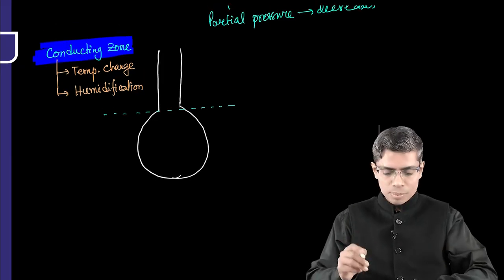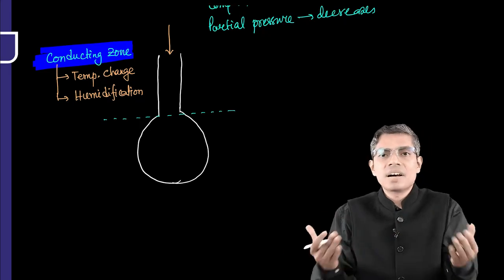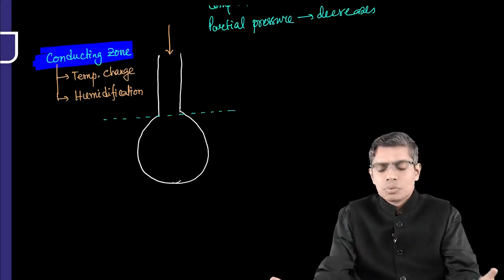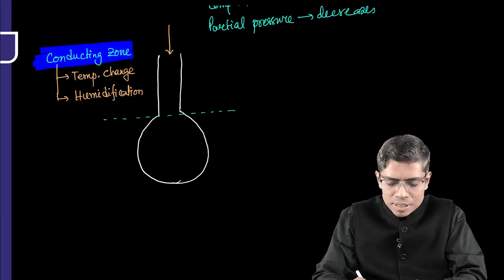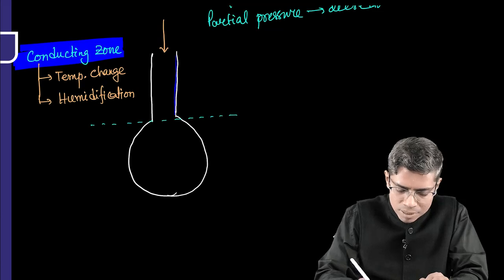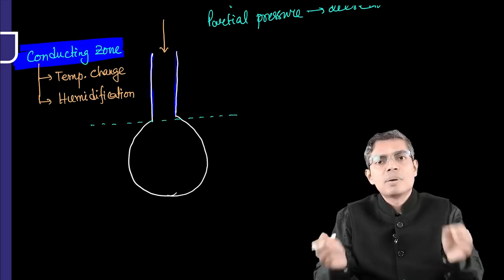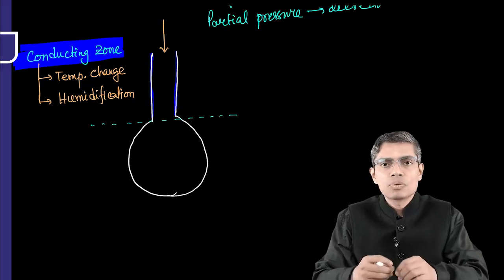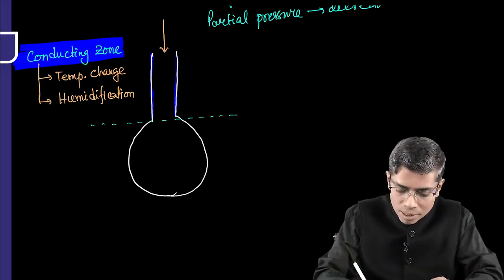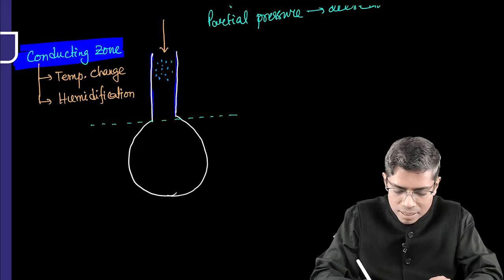Getting my point? Suppose you are inhaling dry air. There will be evaporation of a certain amount of water from the surface of the bronchi and terminal bronchioles. Evaporation of water means water vapor, and that water vapor will be added to the air at the level of the conducting zone.